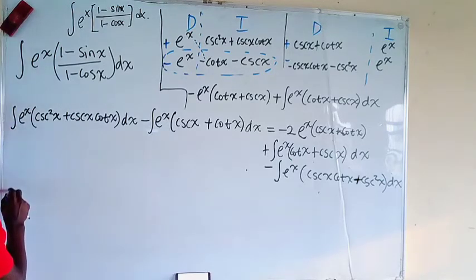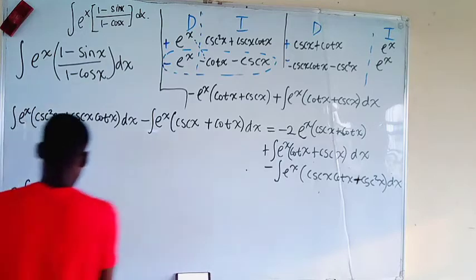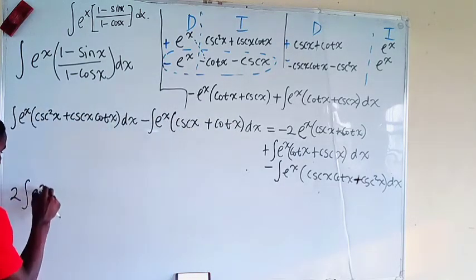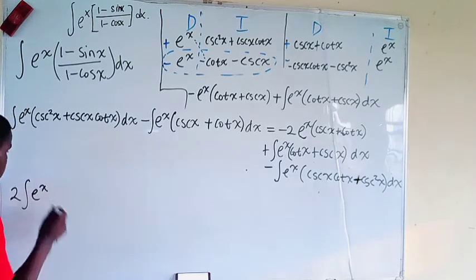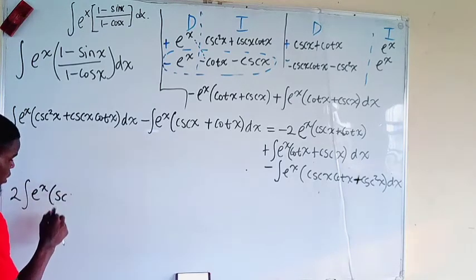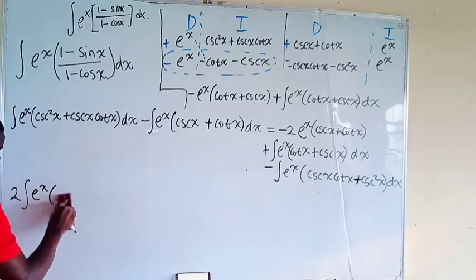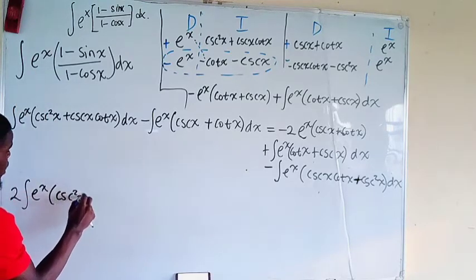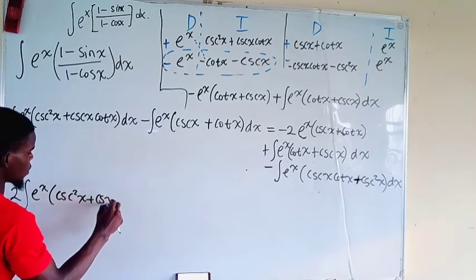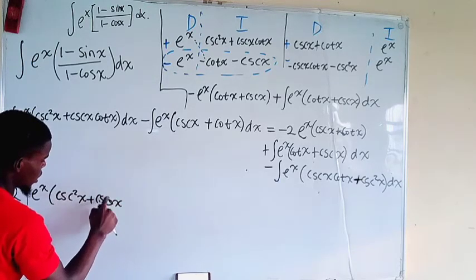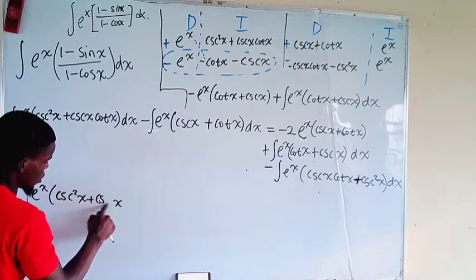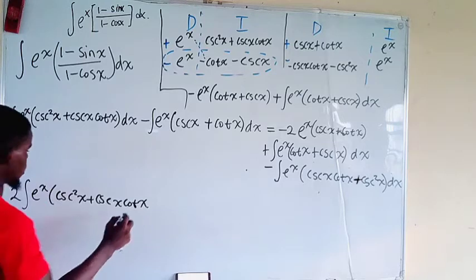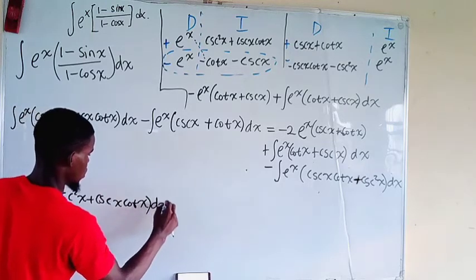2 times. So again, as I said, bring this one to this left-hand side to become 2 times that. 2 times the integral of e to the power x, and then cosecant squared x plus cosecant x cotangent x dx.